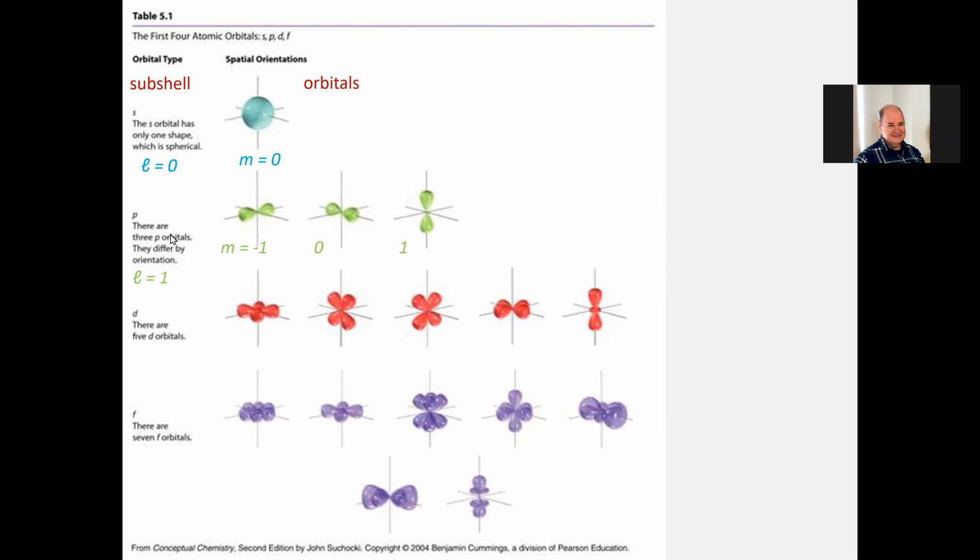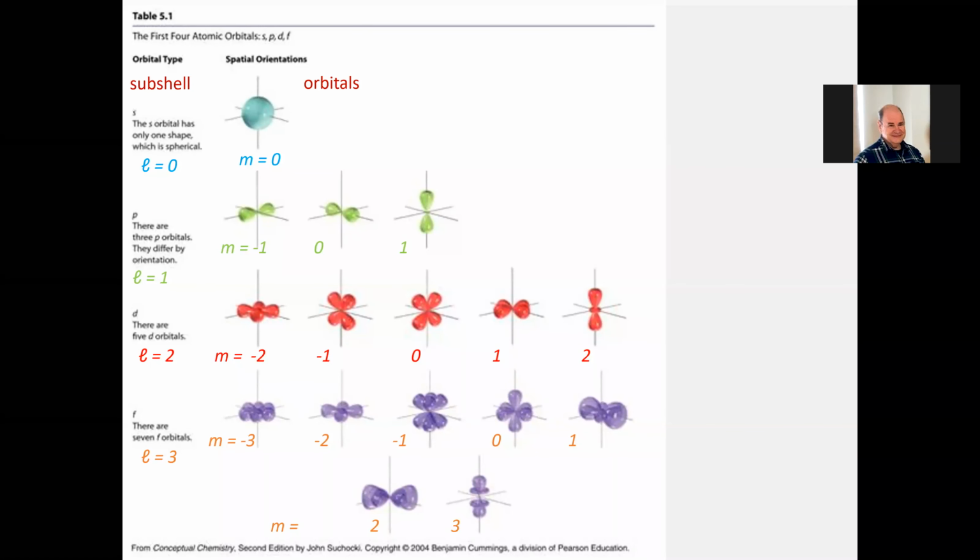Here's the second subshell. It has 3 orbitals. The third subshell, if you have enough energy to have a third subshell, has 5 orbitals. And finally, if you have a fourth subshell, it'll have in it 7 orbitals. This looks like numerology, right?